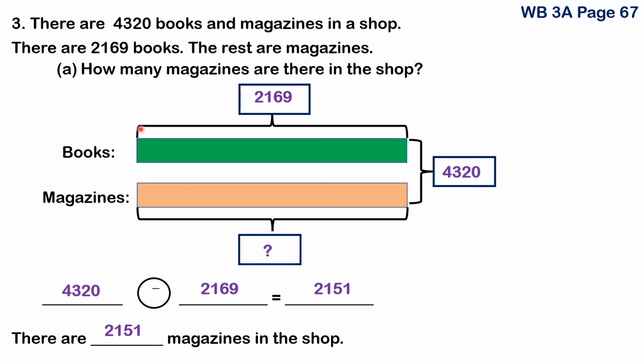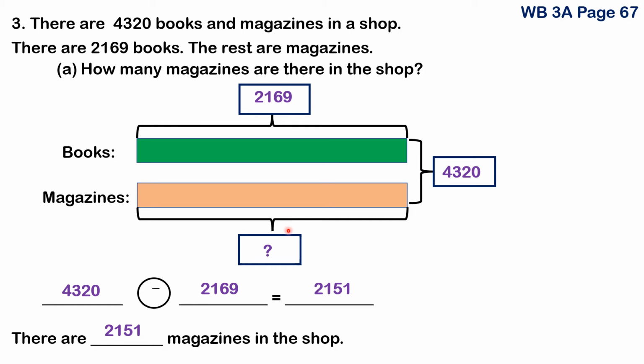So we have here the total number of books and magazines, which is 4,320, and there are 2,169 books while the rest are magazines. So we want to find out how many magazines there are in the shop.